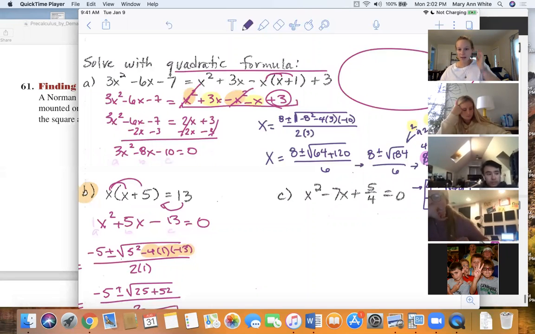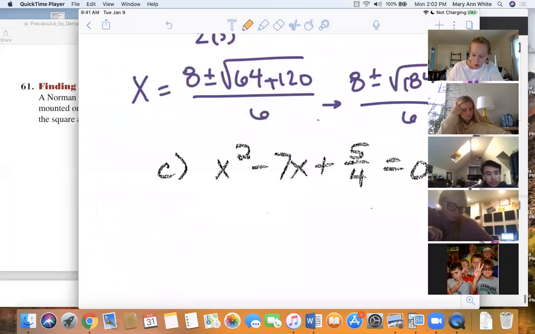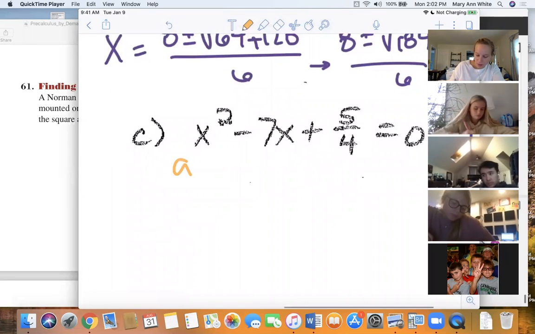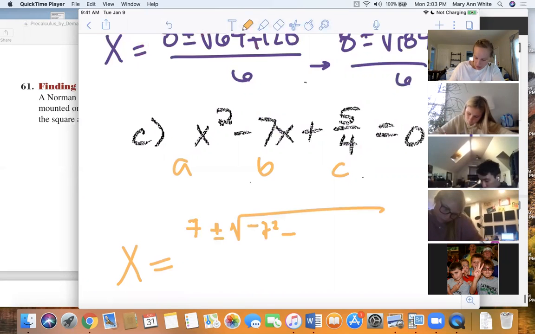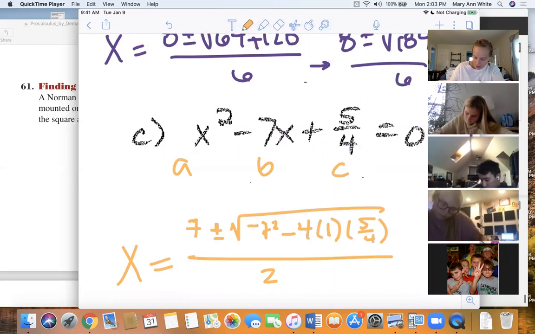Okay, now let's look at C. This looks hard because I've got a little fraction in there, but it will all work out in the end. I don't even have to do any work to begin with. I'm just going to label A, B, and C, and I'm going to plug in. X equals negative B, negative 7 is a positive 7, plus or minus root B squared, which is negative 7 squared, minus 4 times A, which is 1, times C, which is 5 over 4, and all of that's over 2A.